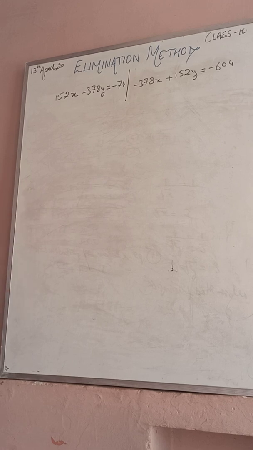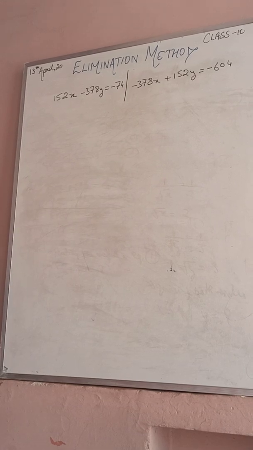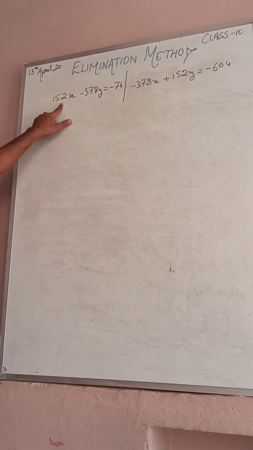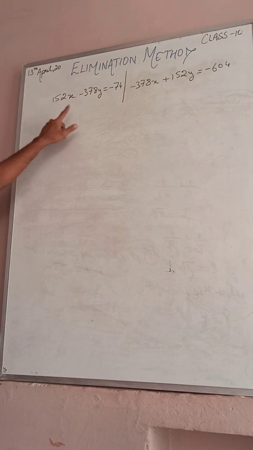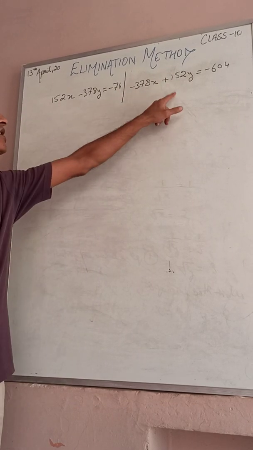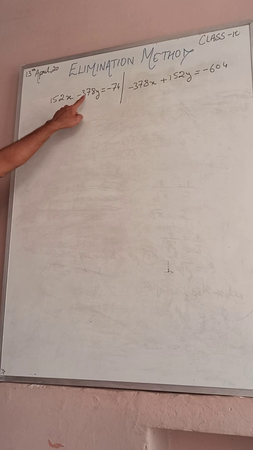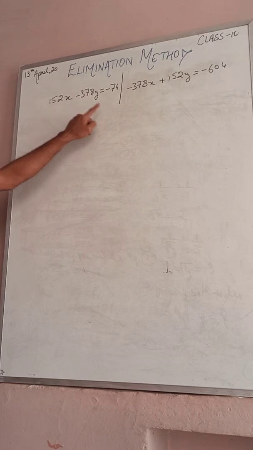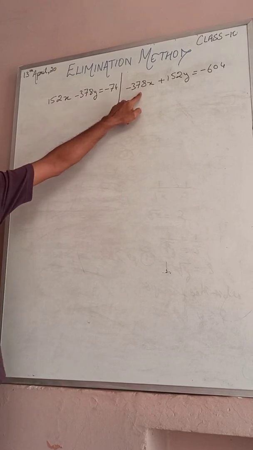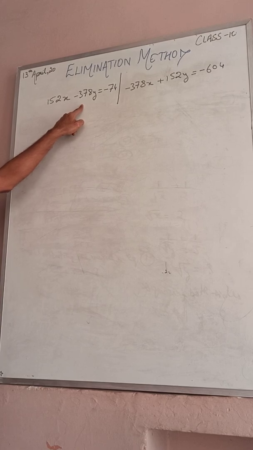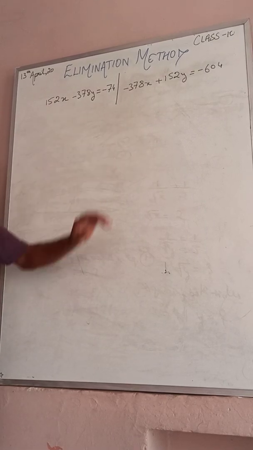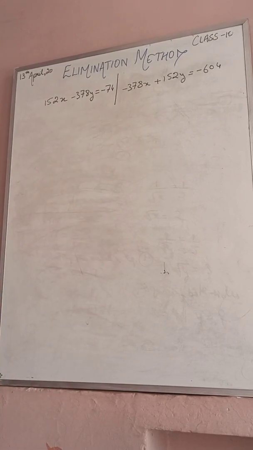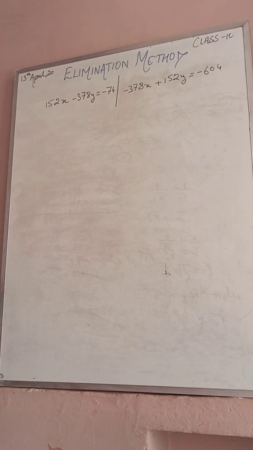This type of question can easily be recognized if you see that the coefficient of x in the first equation and the coefficient of y in the second equation are the same. The coefficient of y in the first equation and the coefficient of x in the second equation are the same. We should not try and multiply these two equations, but rather we should do it in a different way.